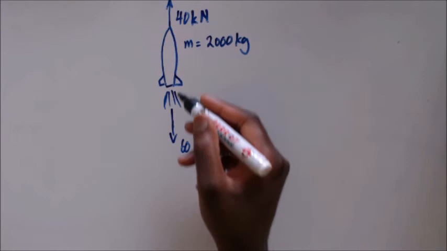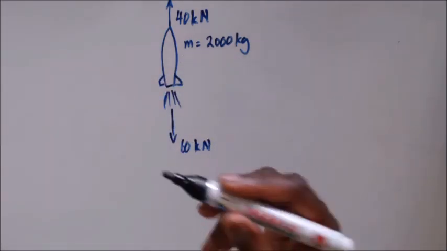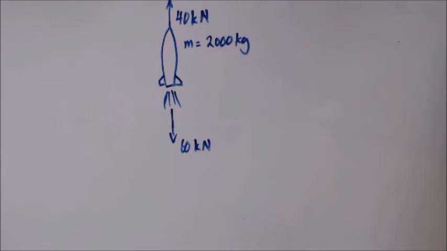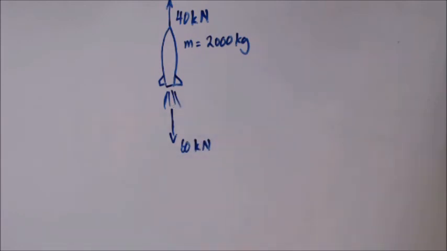Let's explain it using this simple example of a rocket, which is subject to forces of 40 kilonewtons in the upward direction and 60 kilonewtons downwards, and that 60 kilonewtons might be the weight of the rocket, and we could also account for air resistance in that 60 kilonewtons.